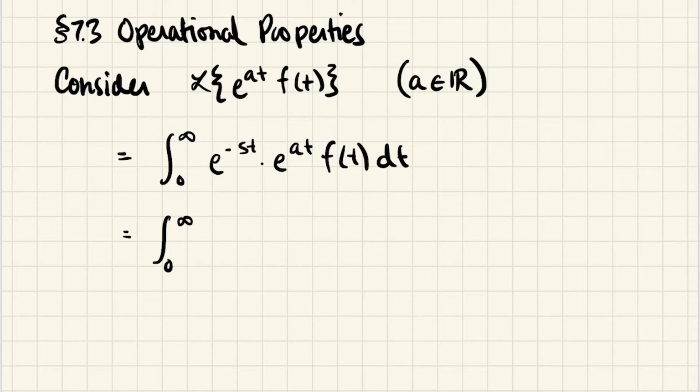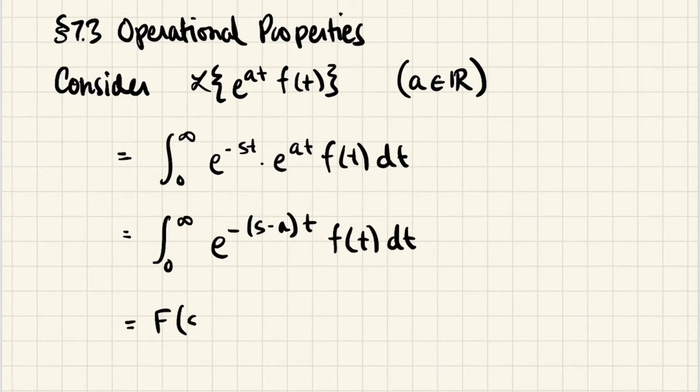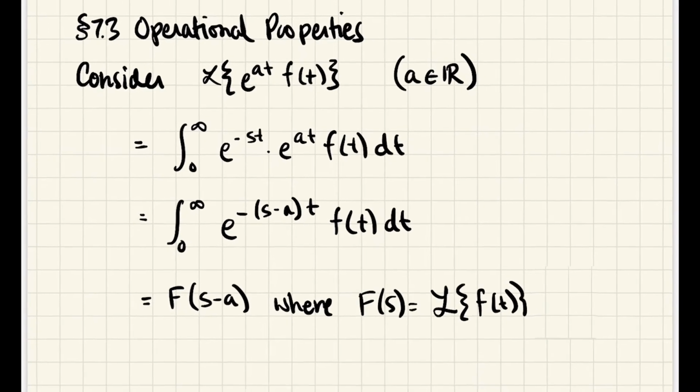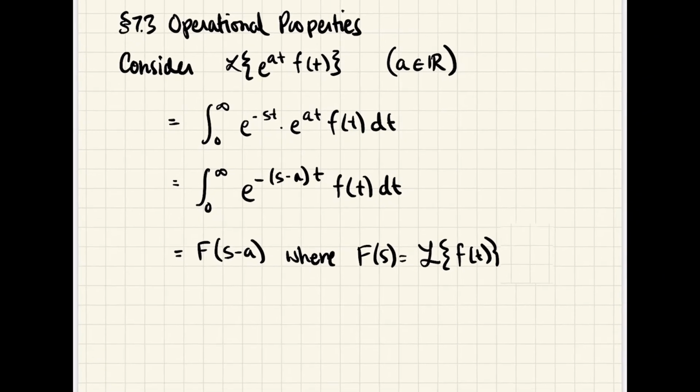But of course, using a basic law of exponents, we can write this as e to the negative (s minus a)t f of t dt. Okay, but this is just capital F of s minus a, where capital F of s is the Laplace transform of f of t. So this is exactly what we consider the first translation theorem.